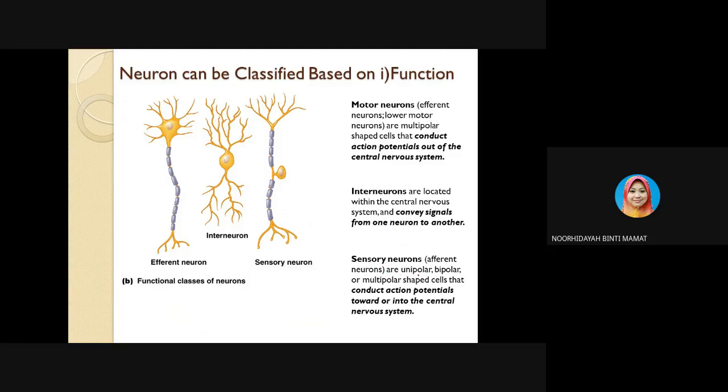They are unipolar, bipolar, or multipolar shaped cells, and they conduct the action potential towards or into the central nervous system. So the structure can be unipolar, bipolar, or multipolar, in order for them to conduct the AP towards or into the CNS. So these are the classes of neurons based on function.